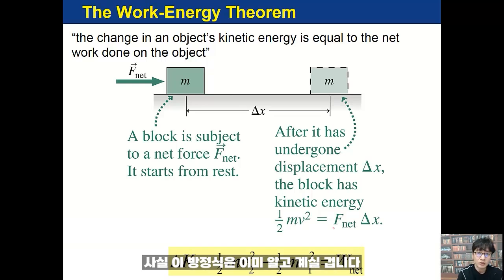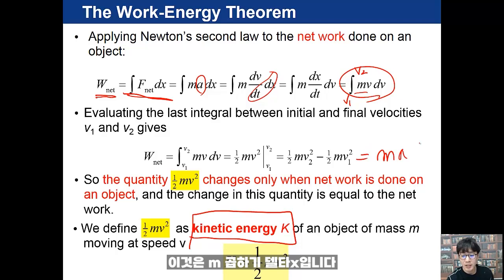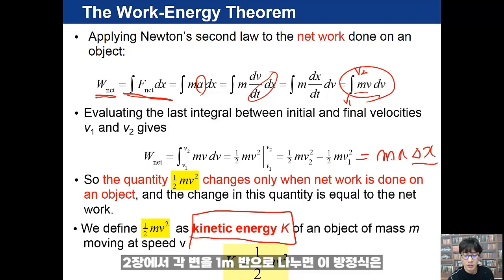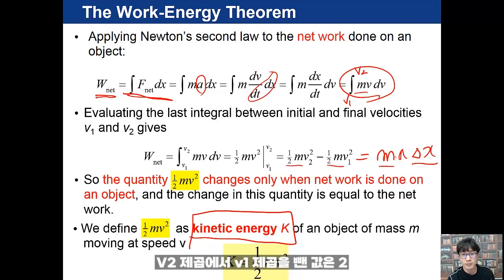You already know this equation. This is ma times delta x, where delta x is the displacement. We learned in chapter 2 that if you divide each side by 1/2 m, then this equation is nothing but v2 squared minus v1 squared equals 2a delta x.